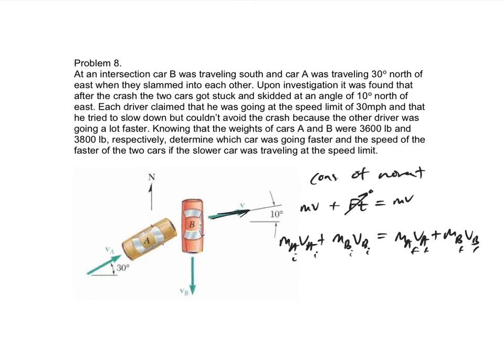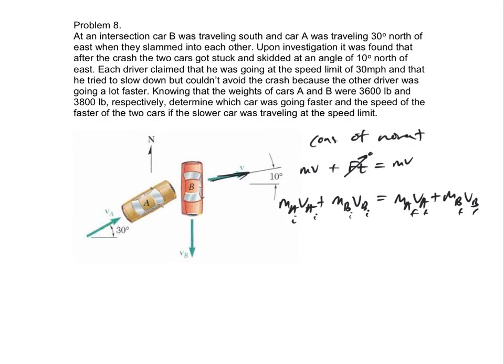And they move together, right? So really I've got mass of A, velocity of A, plus mass of B, velocity of B, all the momentum initially, and mass of A plus mass of B, they're moving together at the same velocity.